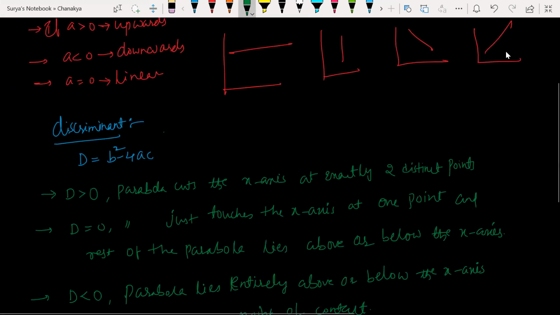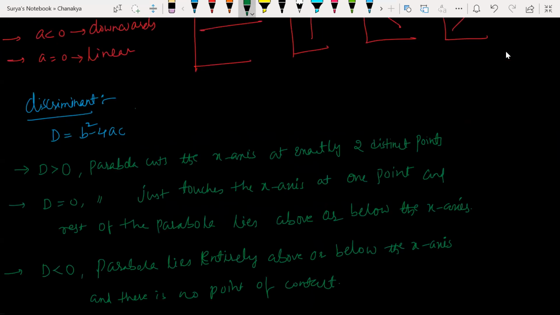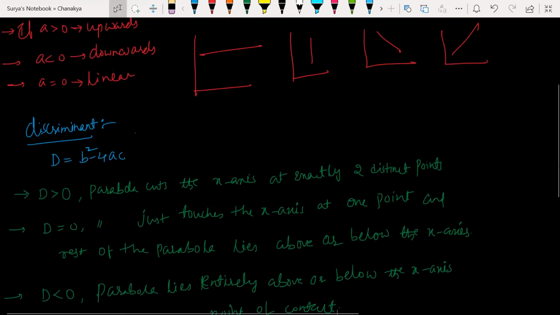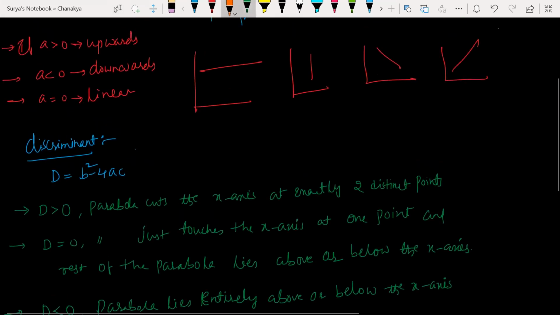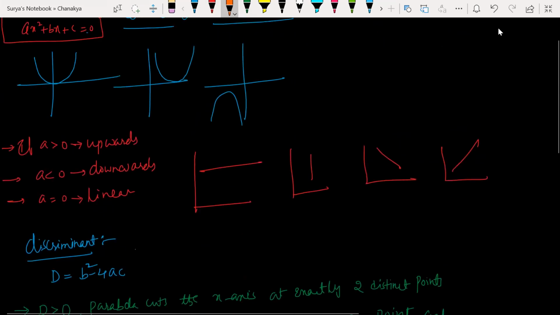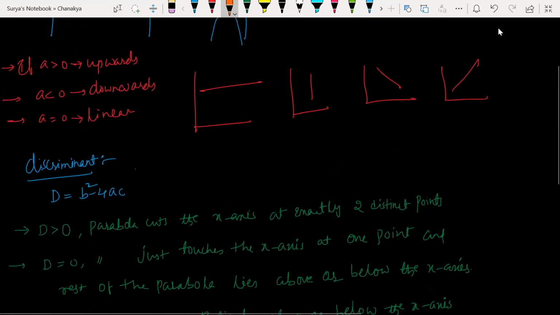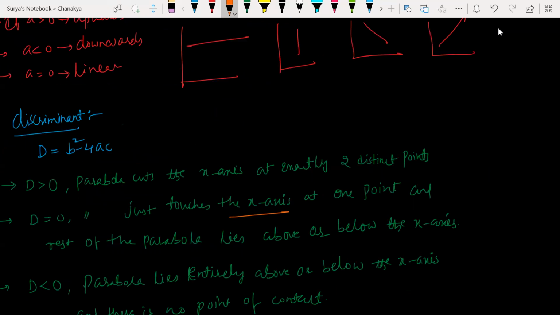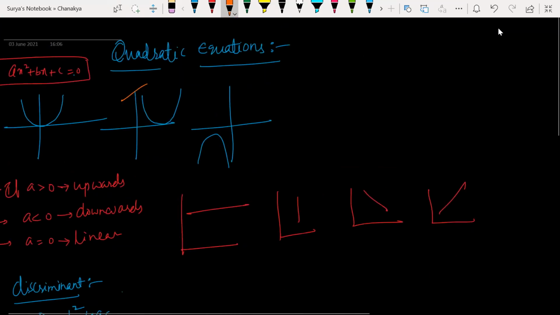Look at this here. If D is greater than 0, the parabola cuts the x-axis like this, like this. If D is equal to 0, it just touches the x-axis like this.